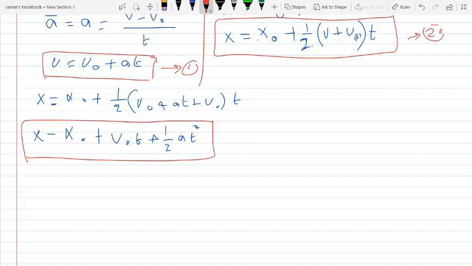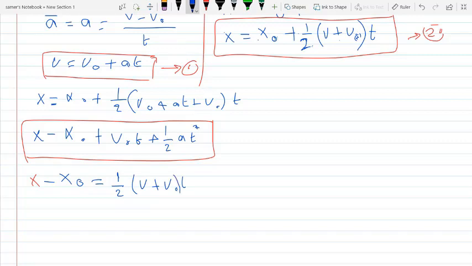Now we can also write x minus x0 from equation 2 again. x minus x0, we can write it as 1/2 (v plus v0) t.